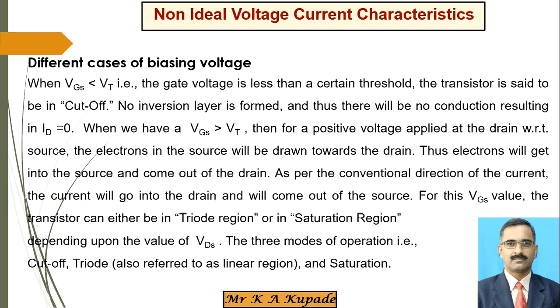Due to the positive voltage applied to the gate, the gate voltage increases and reaches the threshold voltage or goes beyond it. With the positive voltage applied to the drain with respect to the source, the majority carriers enter from the source and exit from the drain, traveling through that region.